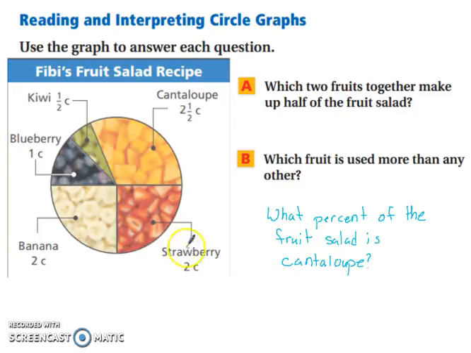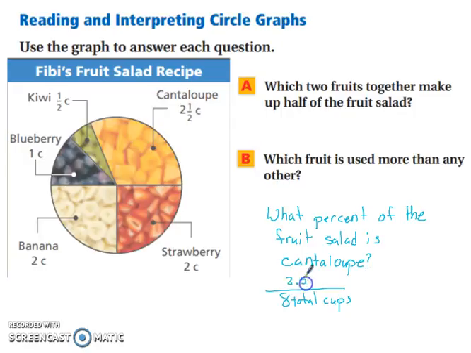So to do this, we want to add up the total cups of everything. So 2 plus 2 plus 1 plus 1/2 plus 2 1/2. And that will give us our total cups. So when we add that together, we end up with 8 total cups. All right, but how much of that was cantaloupe?